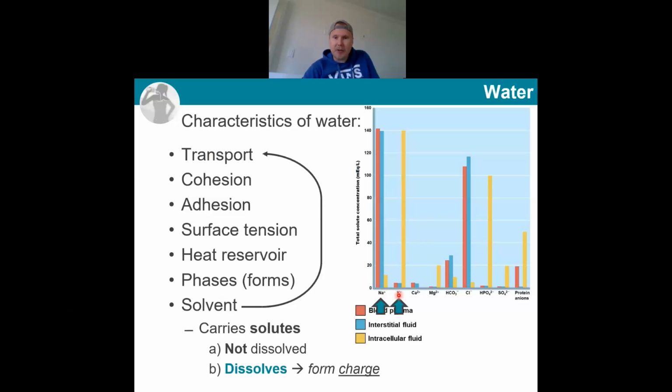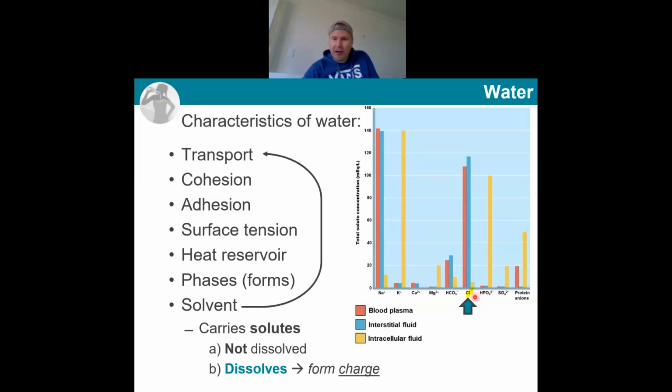So we find a lot of sodium both in the blood and in the interstitial fluids, less so inside the cells, whereas potassium is found in great quantities inside the cells, not so much in the blood or interstitial fluid. A couple of other ones that I want to highlight.